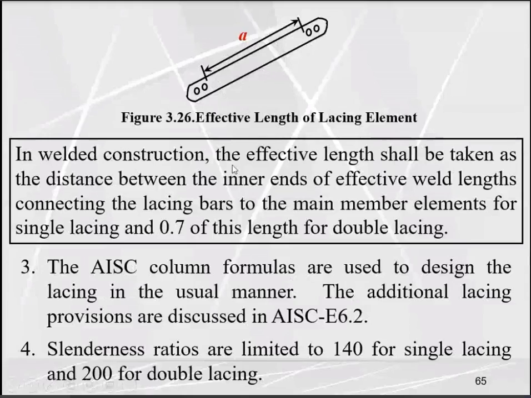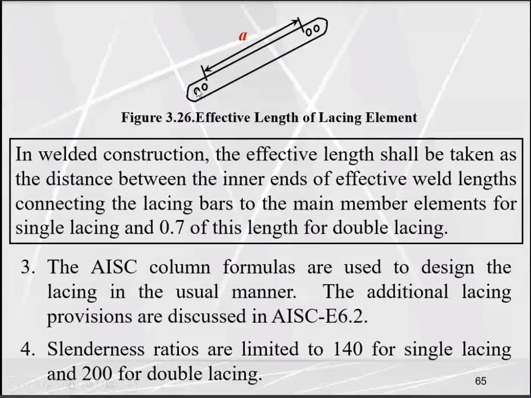In welded construction, the effective length shall be taken as the distance between the inner ends of effective weld length connecting the lacing bar to the main member for single lacing, and we multiply with the A value.